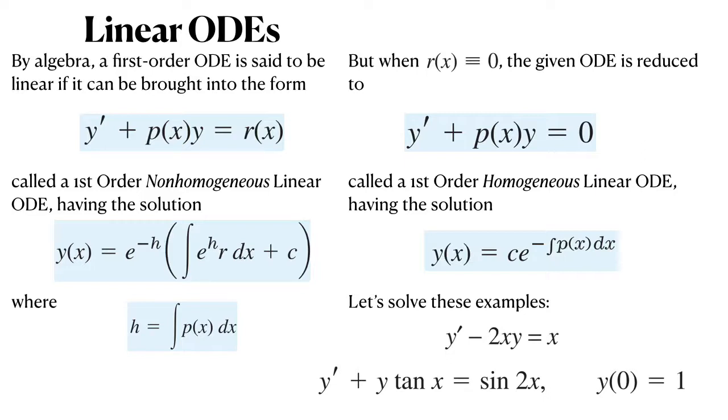Kani as a linear homogeneous or linear non-homogeneous ODE lang siguro. Now, from this point on until mahuman ta sa differential equation, when we mention homogeneity, it's this one, no? Ang definition sa pagka-homogeneous sa differential equation from this point onward is kani.